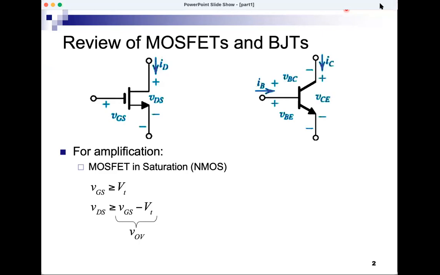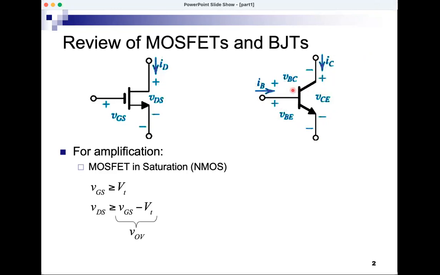This is the BJT, the bipolar junction transistor, with its base terminal here, collector, emitter. So B, C, E, and we're showing here all the voltages, VBE between base and emitter, VCE between collector and emitter, and VBC between base and collector.